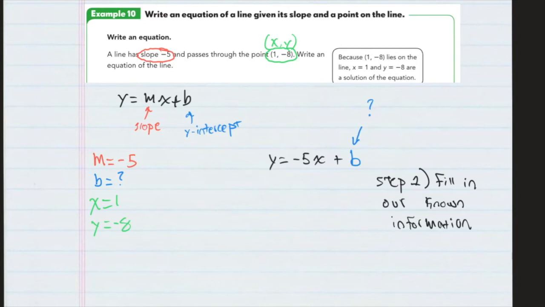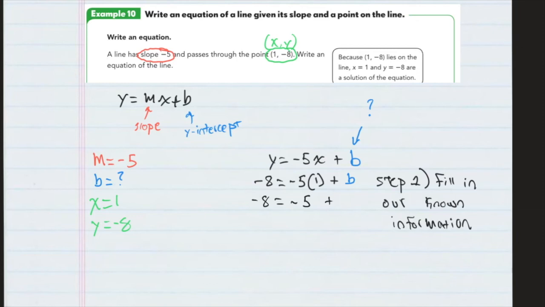We've got -8 for y equals -5 times our x value, which is 1, plus b, which is my y-intercept. And I keep solving down for b. -8 equals -5 times 1, which is -5, plus b.